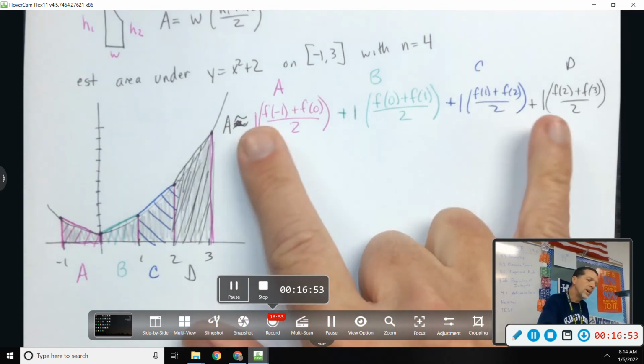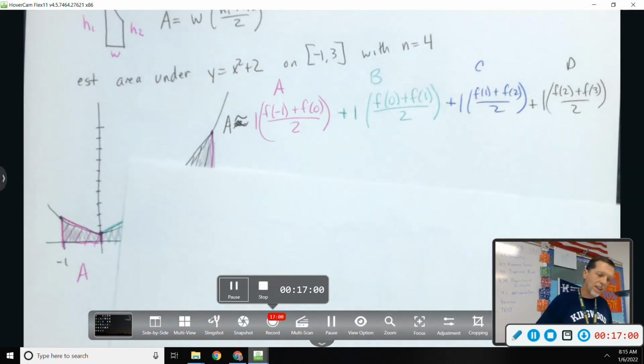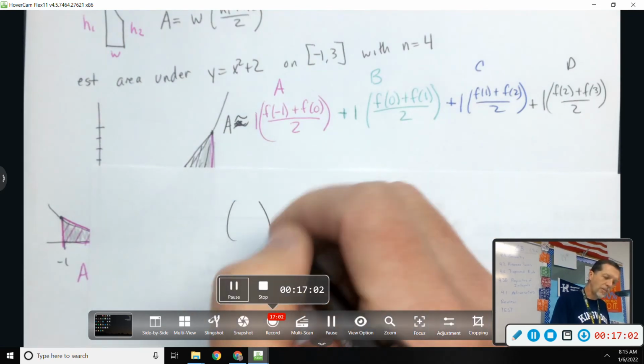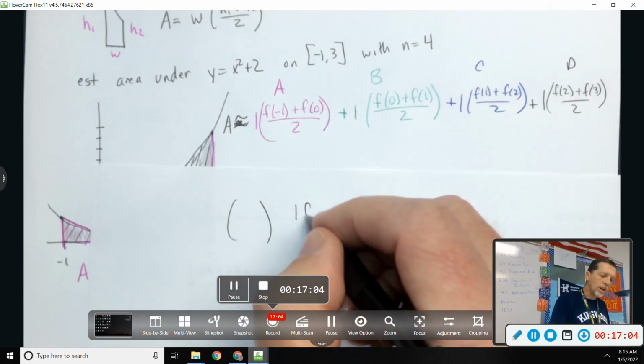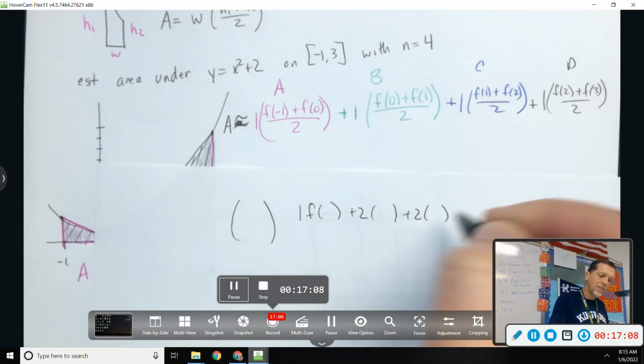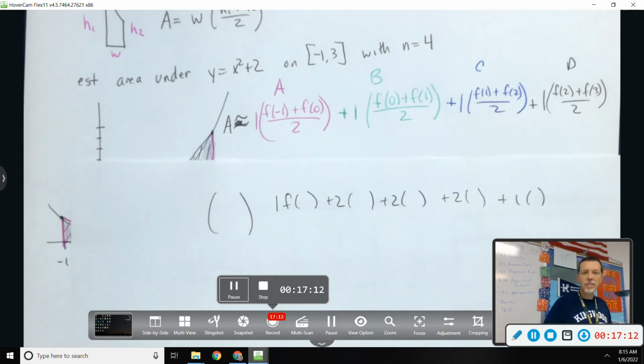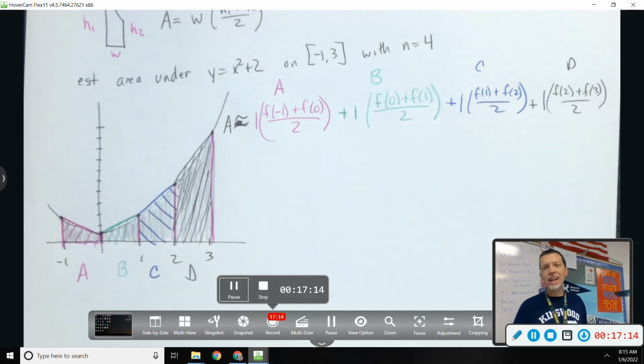But there's only 1 of the end heights. So when you look at formulas, I don't want to say it's misleading, but they have some stuff out front, and then they'll have 1 of the first height plus 2 of all the middle heights plus 1 of the last height. I don't really even like doing that, because then you lose sight of the fact that you're adding trapezoids.